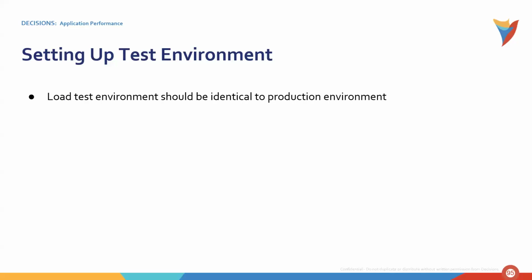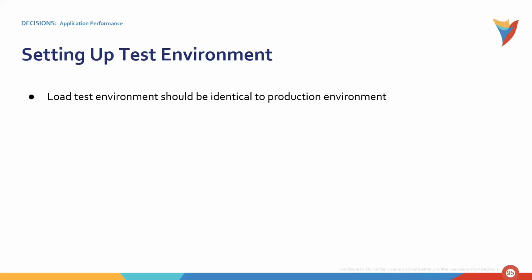Okay, now let's talk about the test environment setup. So we need the test environment to be as identical as possible to production. For example, on my production, let's say I'm having an app server and database server as two different servers, then my test environment should also have app server and database server as two different servers.